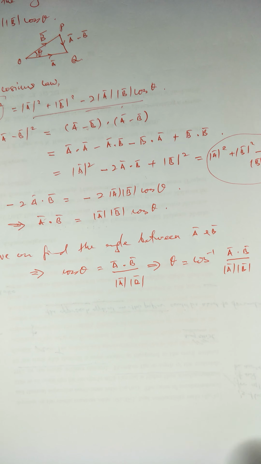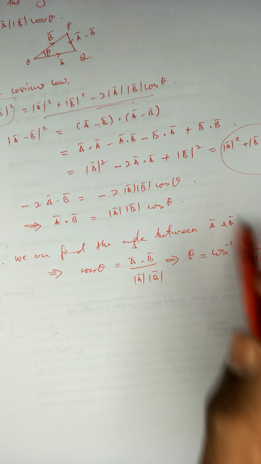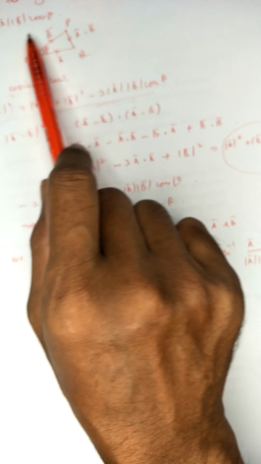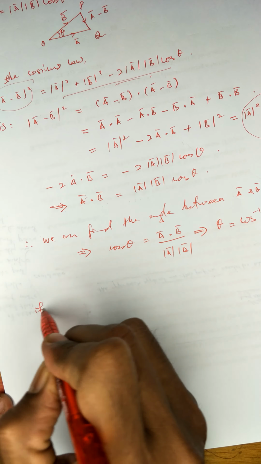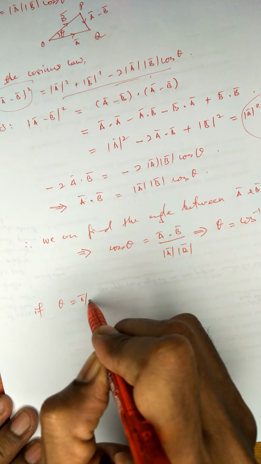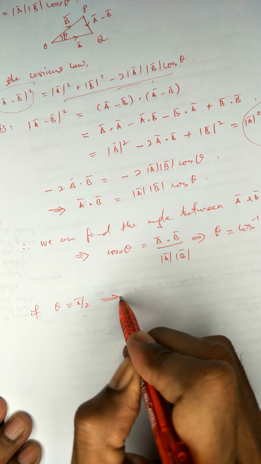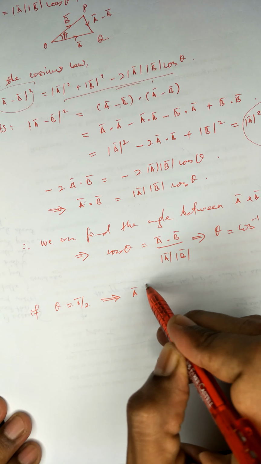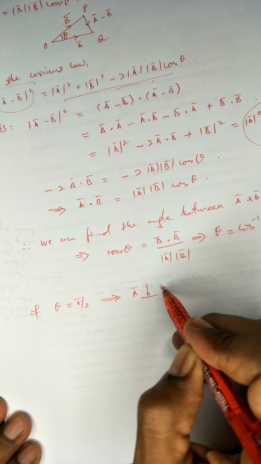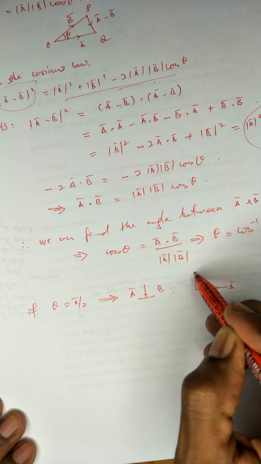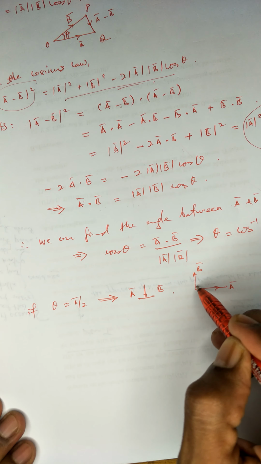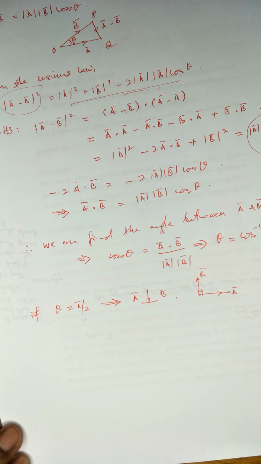So you can see from this theorem that if theta is pi over 2, which means a is perpendicular to b, let's say this is vector a, this is vector b, perpendicular in that case.